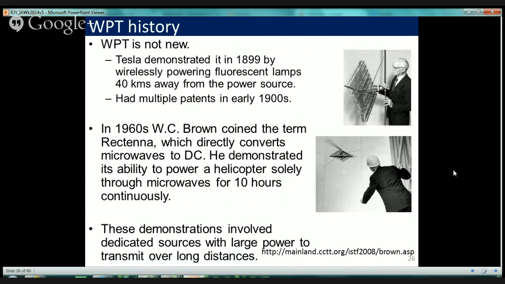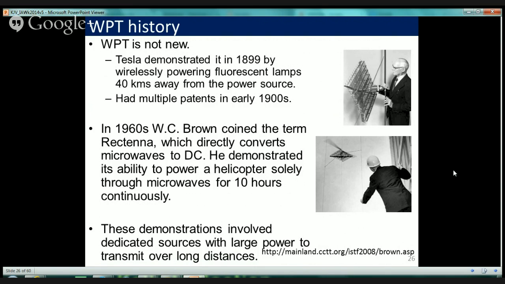He has flown the helicopter, I understand, for about 10 hours using this RF energy. What it essentially has is an antenna coupled to a rectifier. And he, in fact, coined the term rectenna, which is this combination of those two.